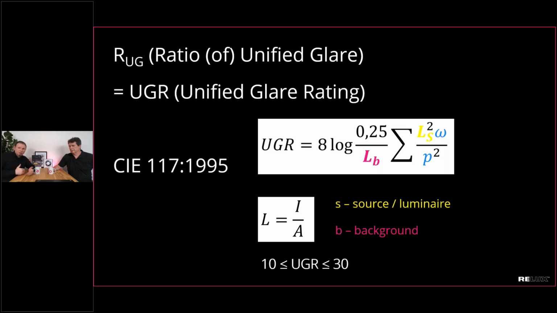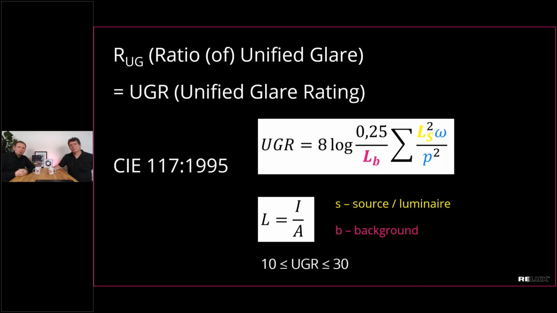If you have a really dark room and you put in a single luminaire which is quite bright, then you have a glare effect. This is something you have to keep in mind if you design a room or place luminaires. It is important to have this feeling for what you are doing in the arrangements.